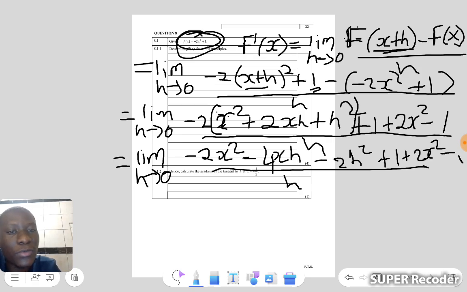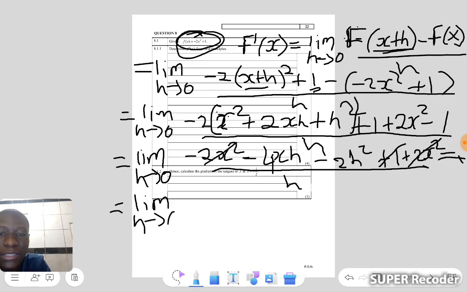Here you can see that there are terms that will cancel each other. Negative 2x squared and positive 2x squared cancel each other, and positive 1 and negative 1 cancel each other. So what is left is the limit as h approaches 0 of negative 4xh minus 2h squared.